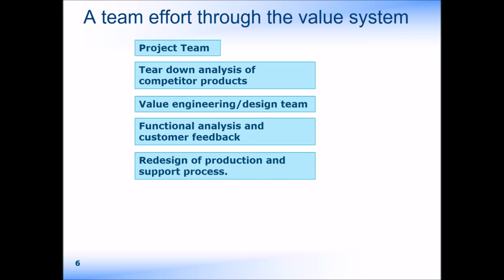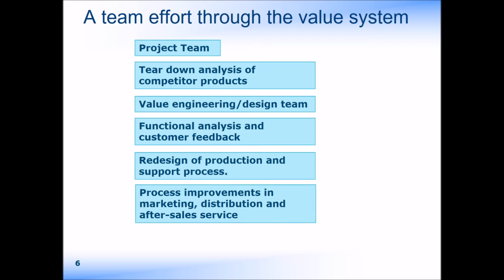Redesigning production and what and how support services are provided can also be significant. And of course not forgetting the marketing, distribution and after sales service aspects, as these all have an impact on costs. The key thing to remember is that the cost can be saved throughout the whole value system, including working with external suppliers, and the ultimate aim is to hit the target cost.